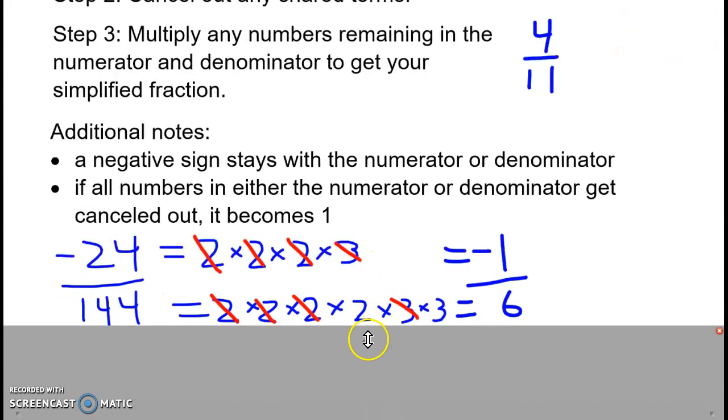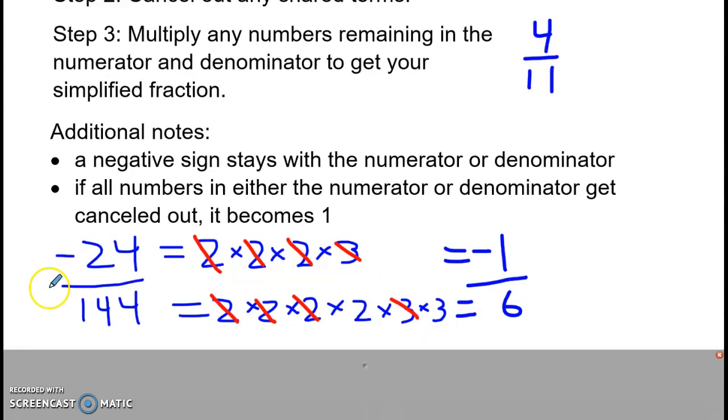There might be times where you have a negative fraction. That negative sign just gets put back right where it started. So if it was in the numerator, it's going to end up in the numerator. If it's in the denominator, it'll end up in the denominator. And the other case that kind of becomes tricky is if you cancel out all your other terms.